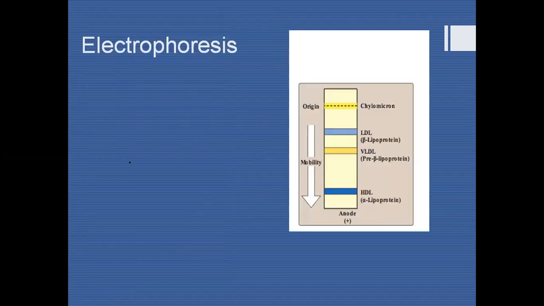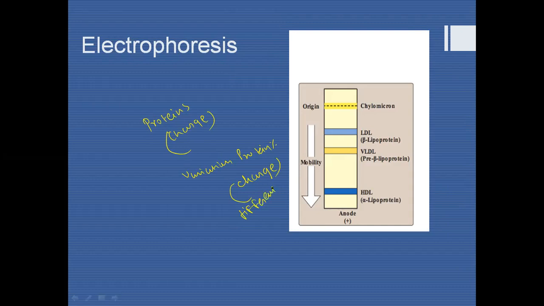Similarly, the separation of lipoprotein can be done by electrophoresis. Electrophoresis is the process that separates the various proteins based on the charge. In lipoprotein, there will be variation in the protein percentage, so the charge of various lipoproteins also will be different, isn't it?